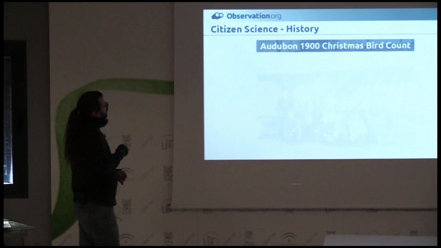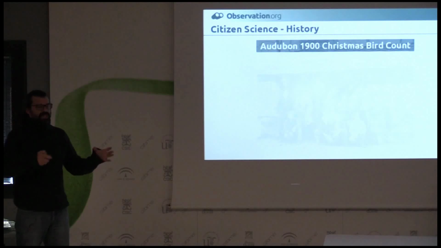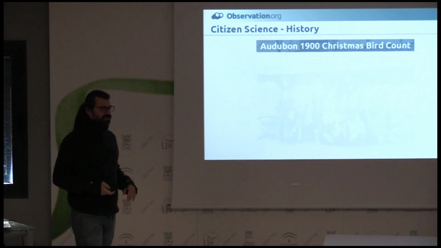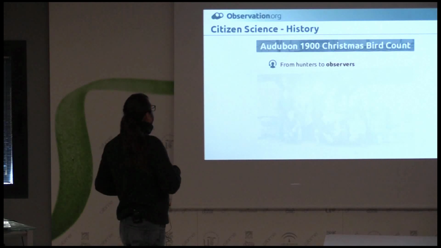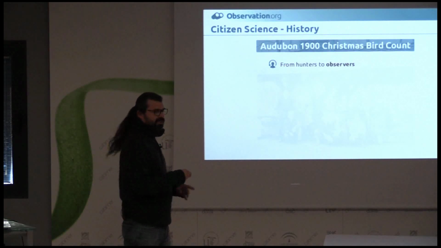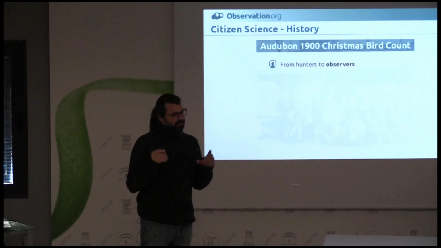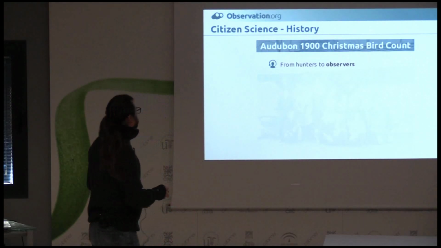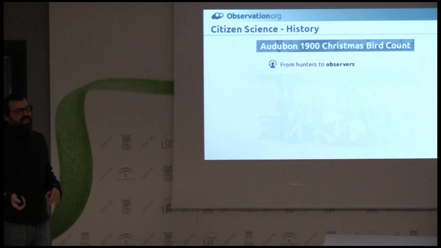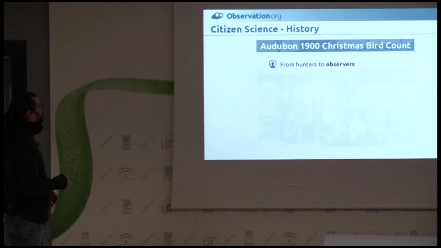And that was a milestone that changed everything in the history of citizen science, because the change was to make hunters observers. That was a key change, a really interesting change in citizen science and the observation of nature.